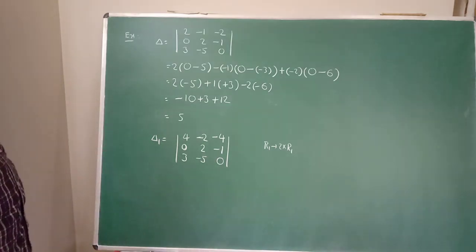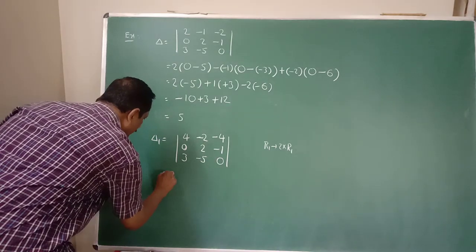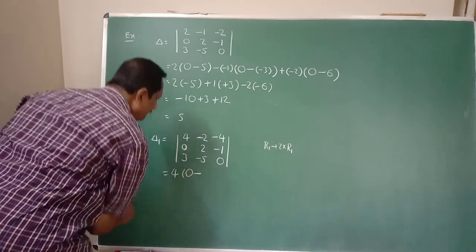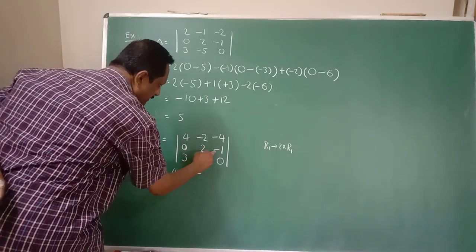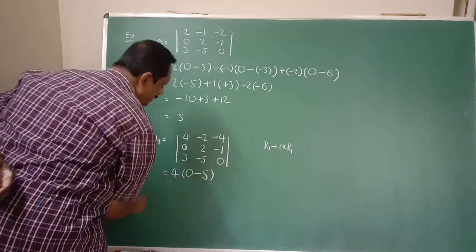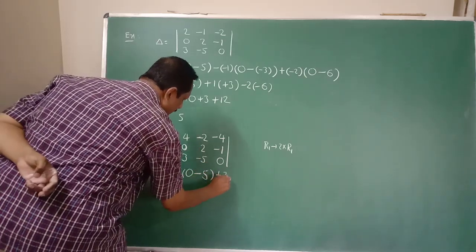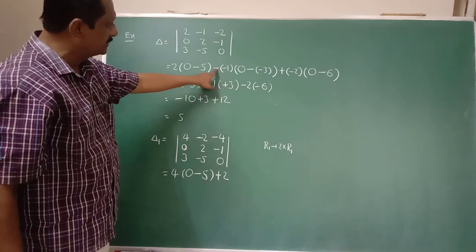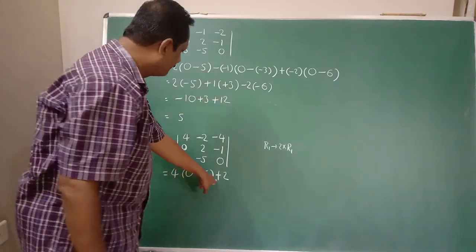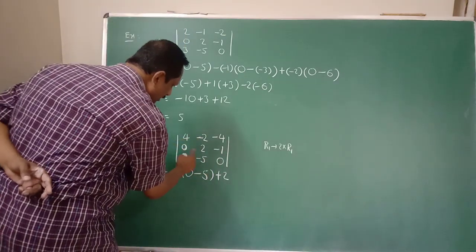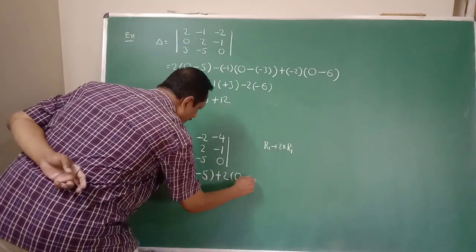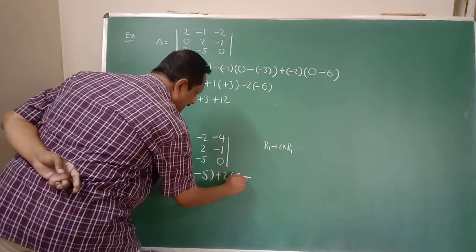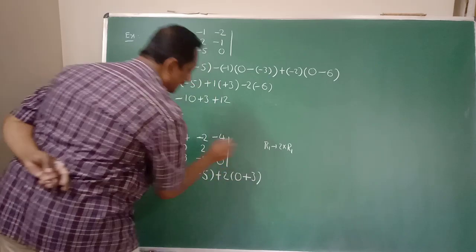Then expand this determinant. So 4 into (2 into 0 becomes 0, minus of minus into minus plus 5 ones of 5), then 0 into 0 becomes 0 minus 3 ones are 3, minus minus becomes plus 3.